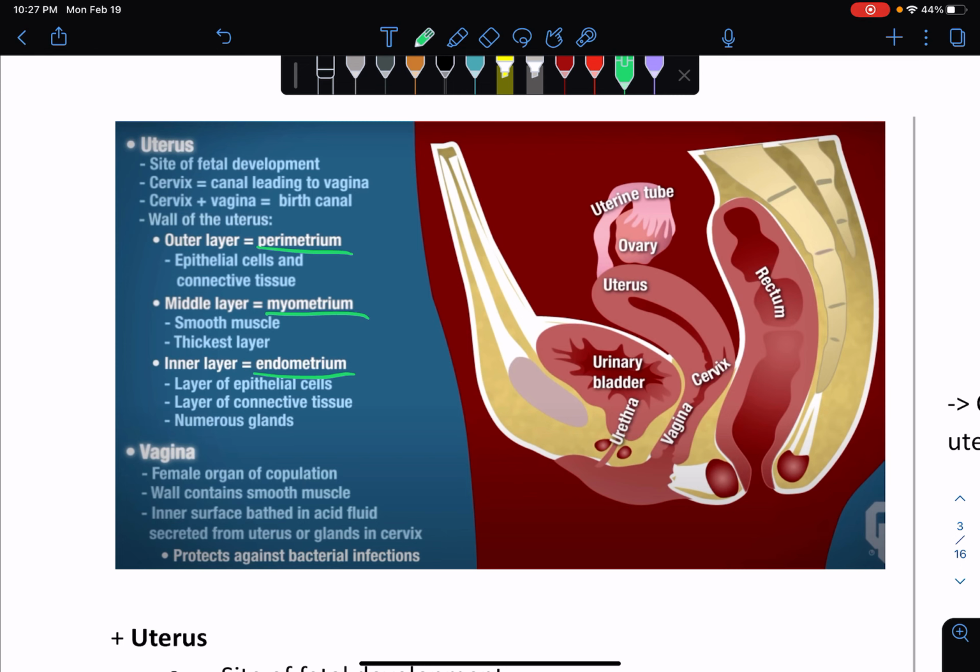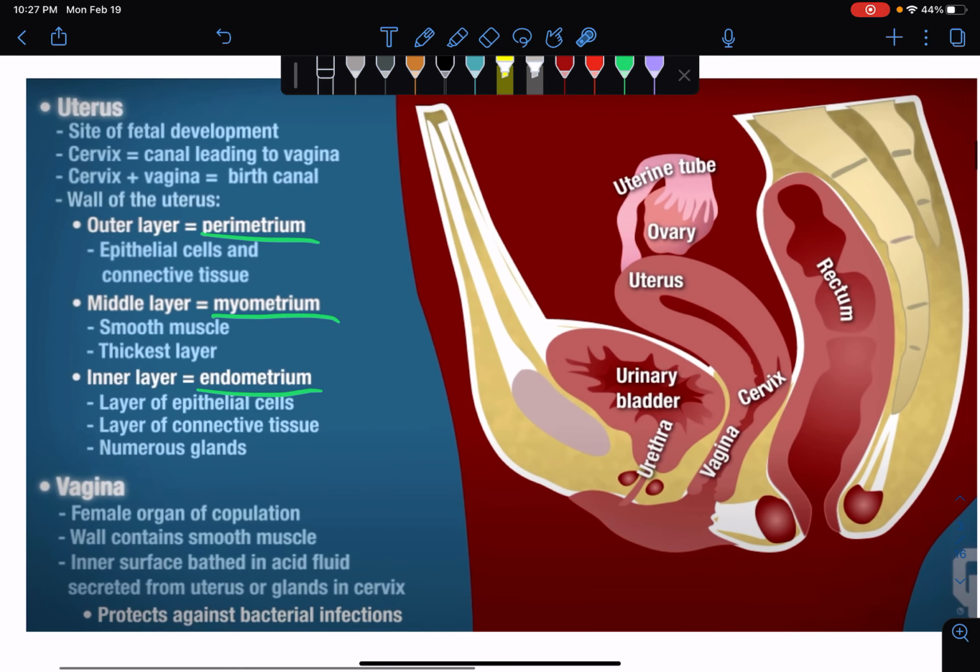The outer layer, or the perimetrium, comprises epithelial cells and connective tissue. Just to give you a background on what connective tissue is, it comprises many things, but commonly bone and blood, and maybe blood vessels as well. I think that's also right.